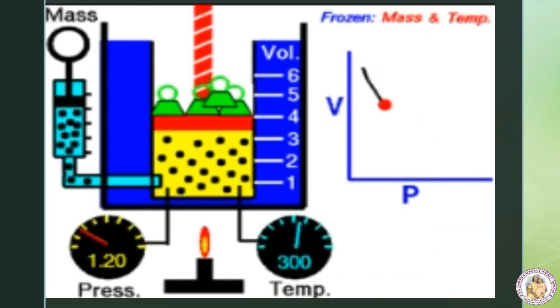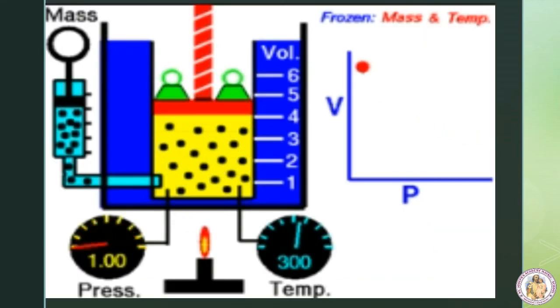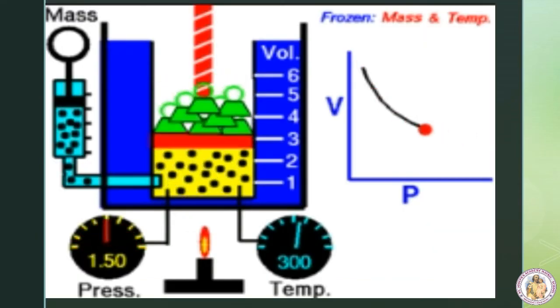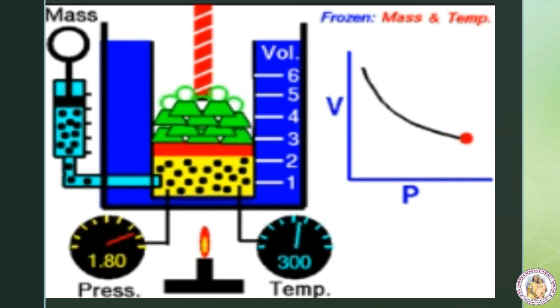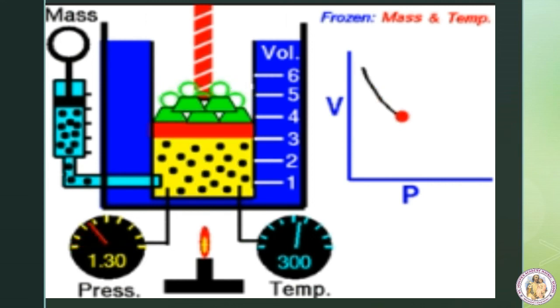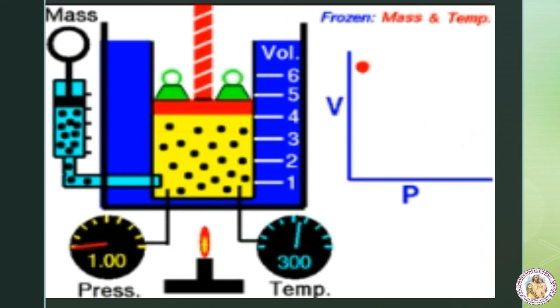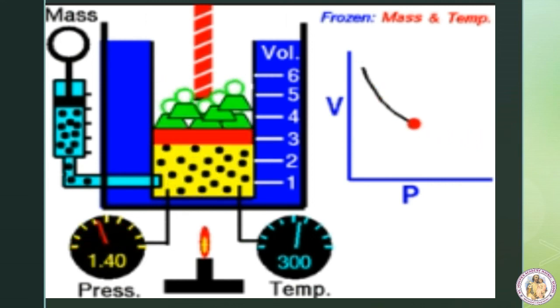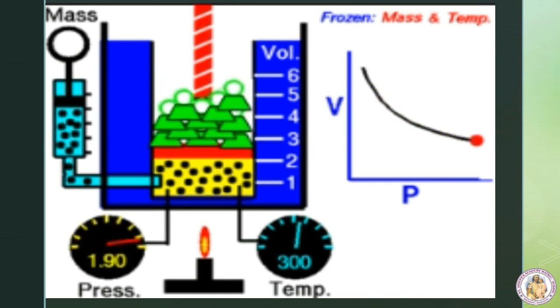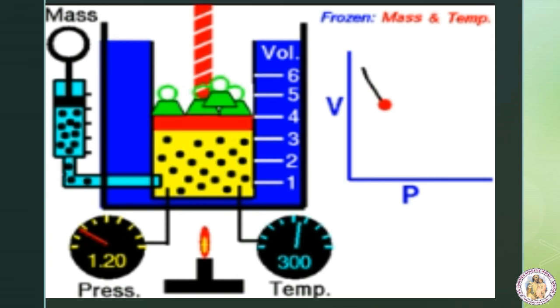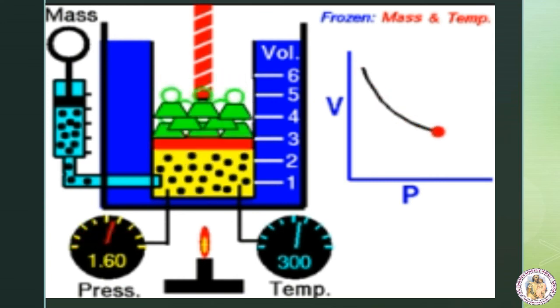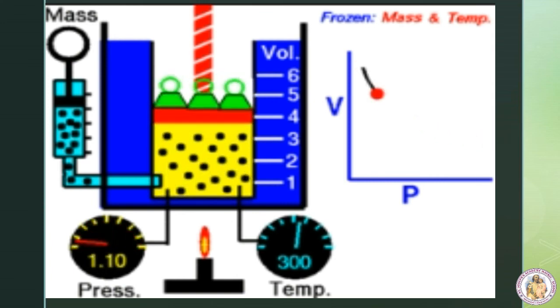So what is Boyle's law? When the temperature is constant, here the temperature is kept at 300. When you observe this, we can understand. When the pressure increases, the volume decreases. When the volume increases, the pressure decreases.